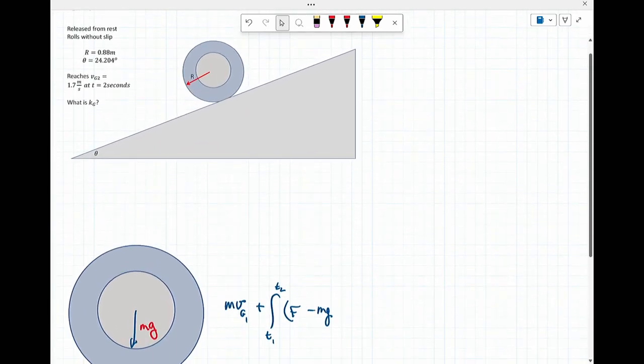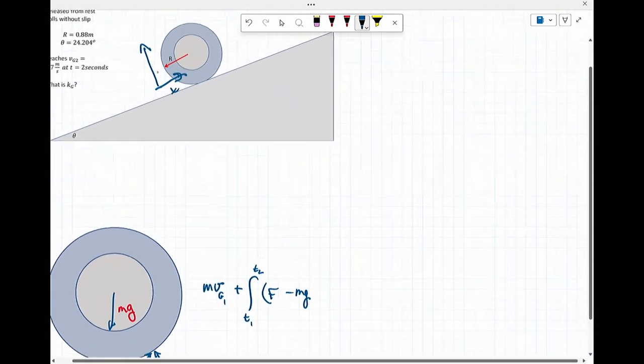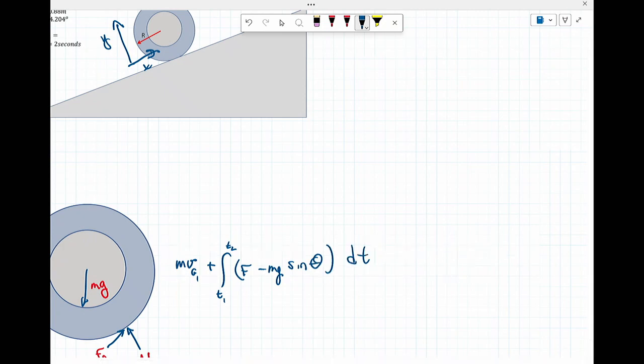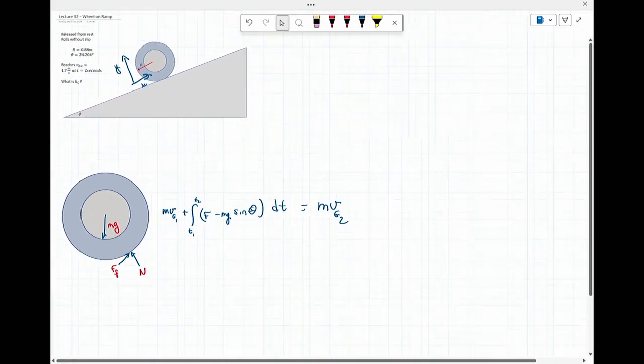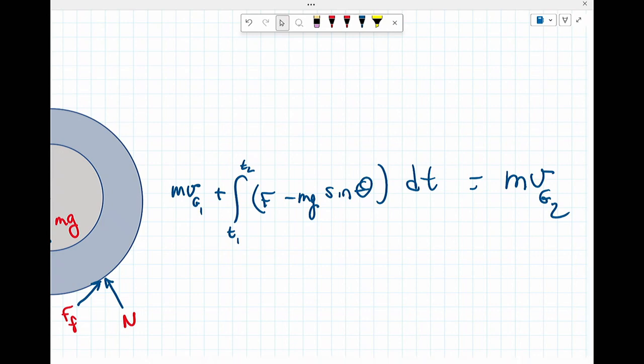And just as a reminder, X and Y. So my linear momentum equation: I've got no bouncing of this object.